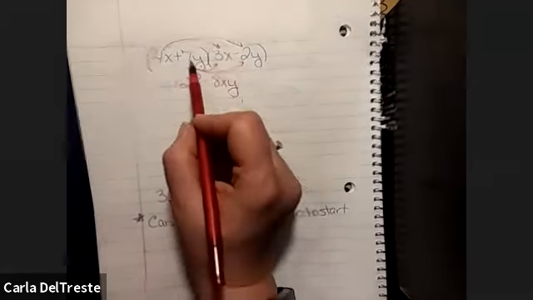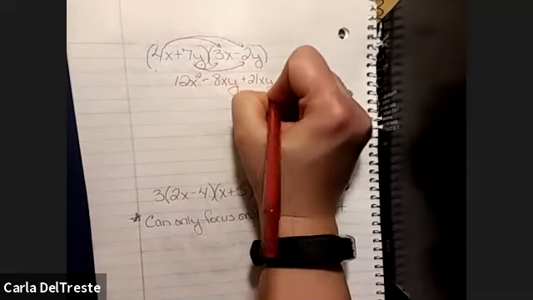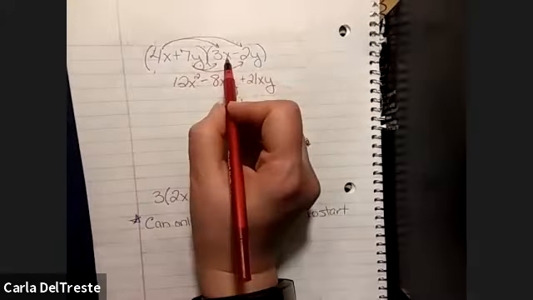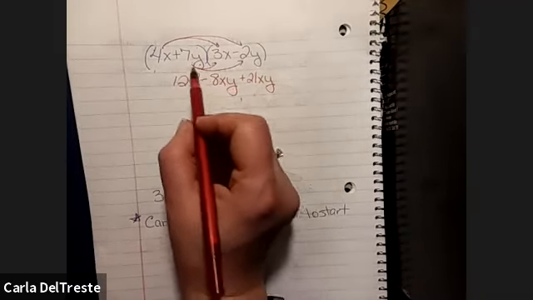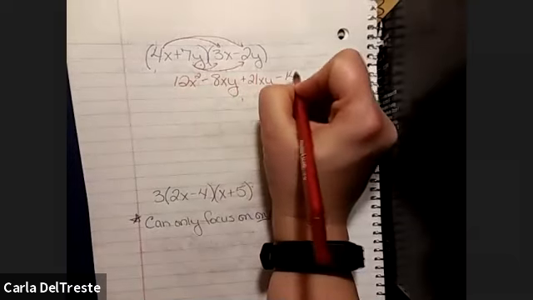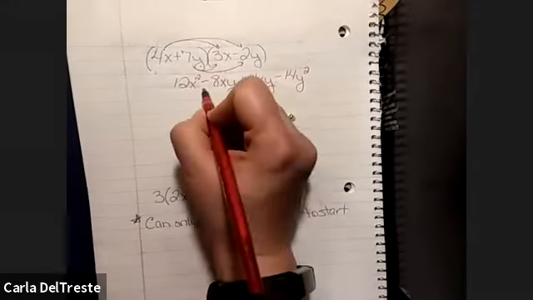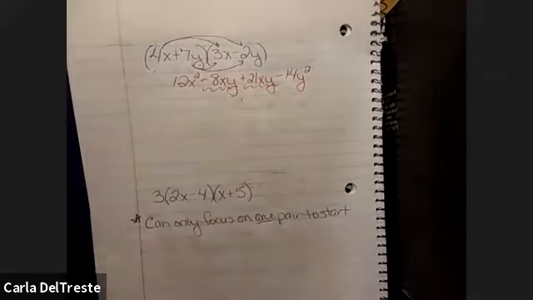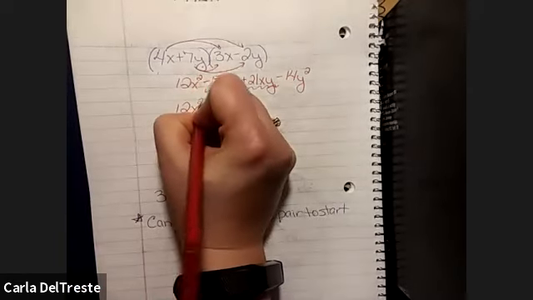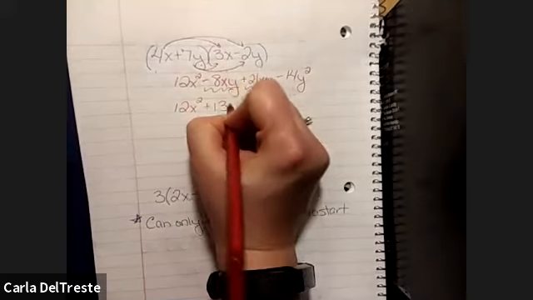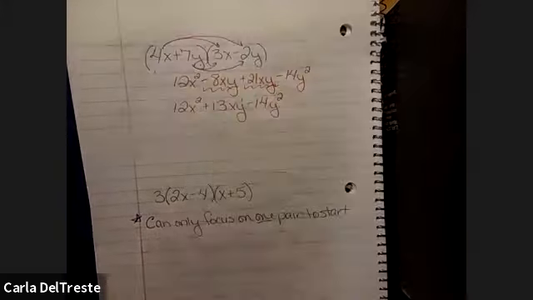And then if I distribute the 7y, I would get plus 21xy. And the only reason I'm putting the xy first is so I stay consistent. And then minus 14y squared. I can see that these are like terms. They both contain xy. And so my final answer will be 12x squared plus 13xy minus 14y squared.